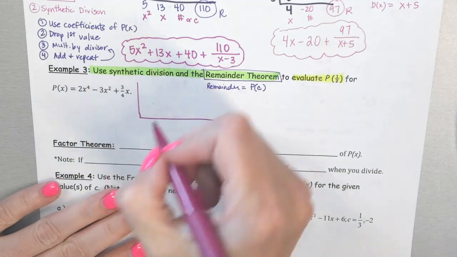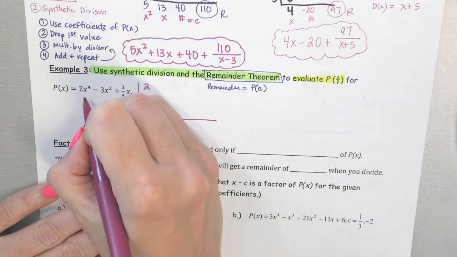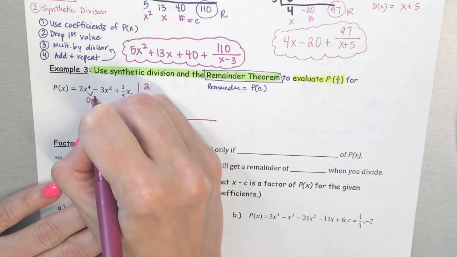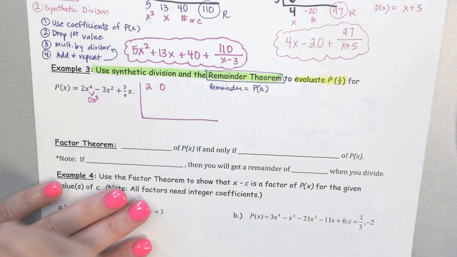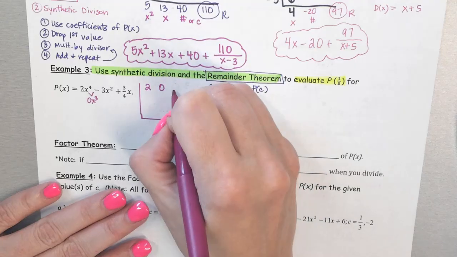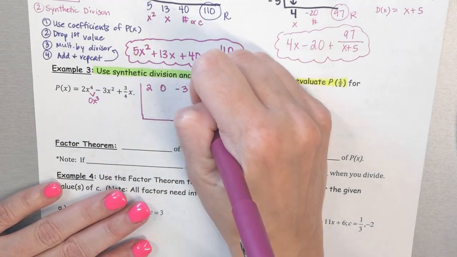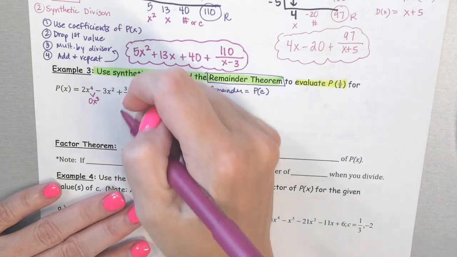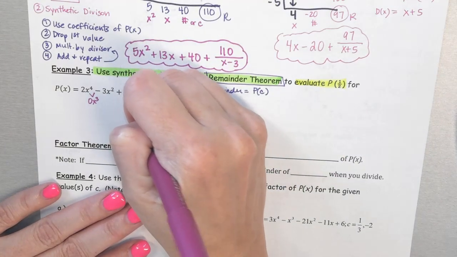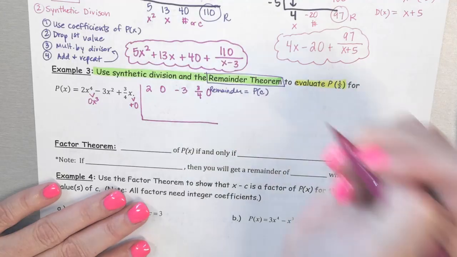Okay, so you have 2x to the 4th. Notice that there is a missing x cubed, so we have to put a 0 in there. Then we have negative 3x squared. We have an x. And then what else are we missing? The constant. So we have to put a 0 in there.